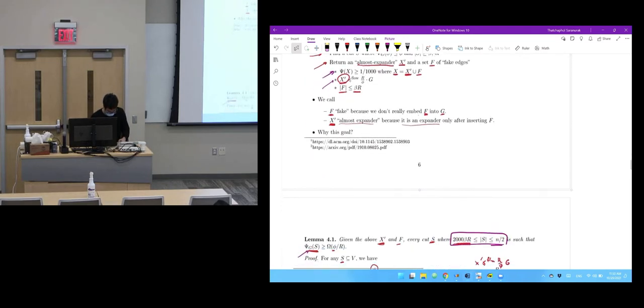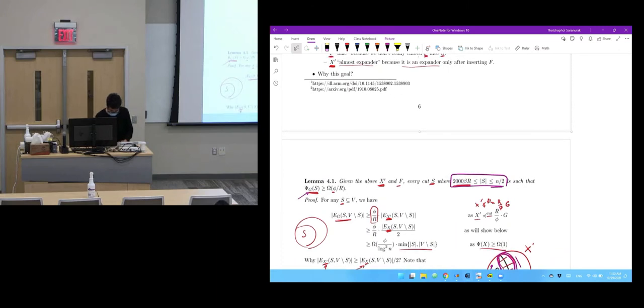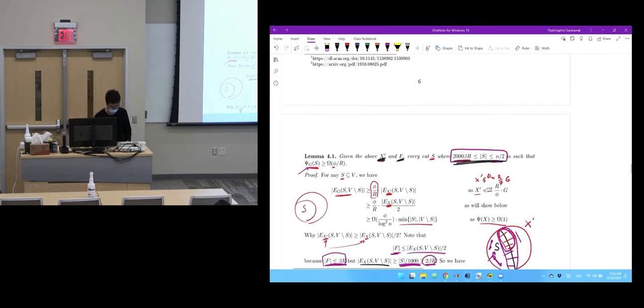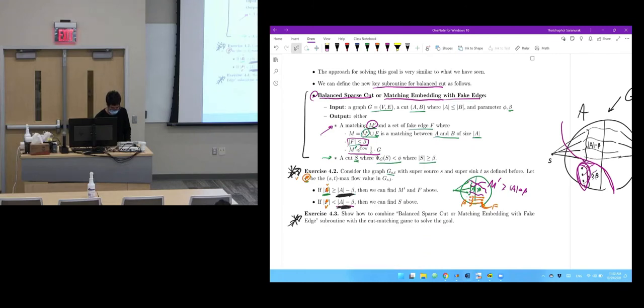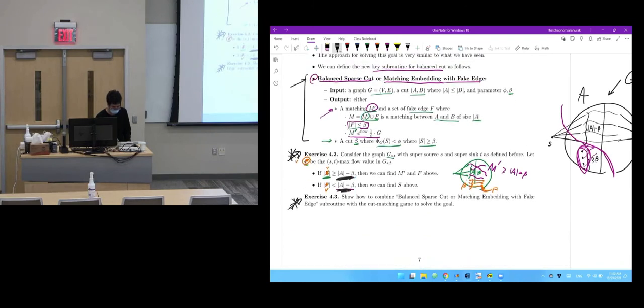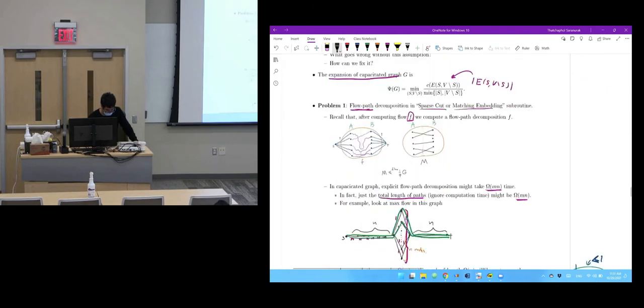So this is this claim, right? If you can embed an almost expander with few fake edges, then all the balanced cuts must be expanding. So if you can prove that you can solve this thing using one max flow, you just combine them together and get what we want at the end. So I guess this is fine.